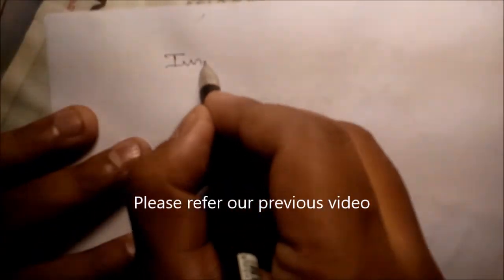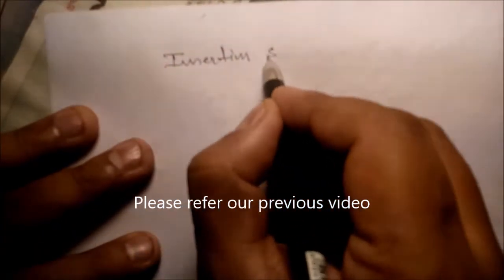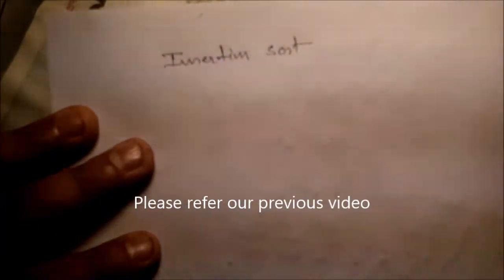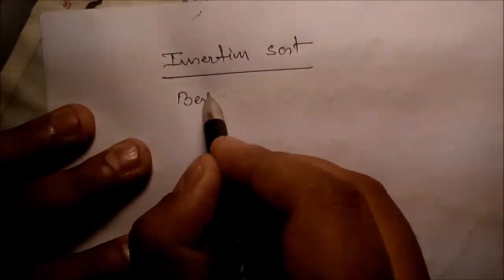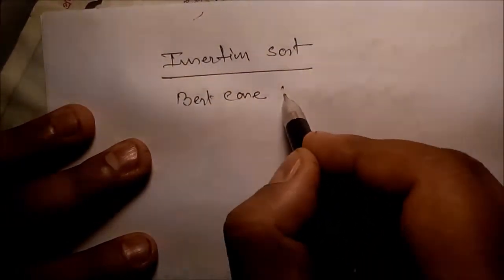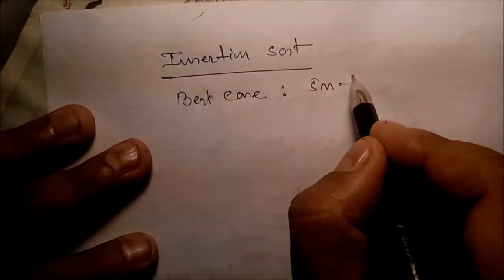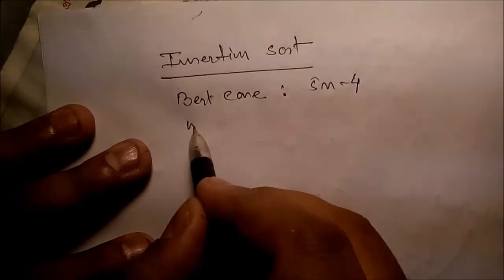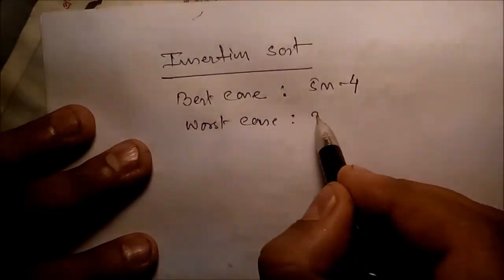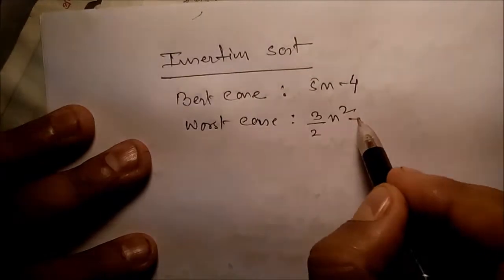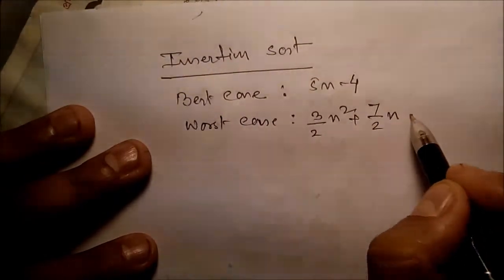Now we can explain one practical problem: the complexity of insertion sort. The best case of insertion sort is 5n minus 4, and the worst case is 3 by 2 n square plus 7 by 2 n minus 4.